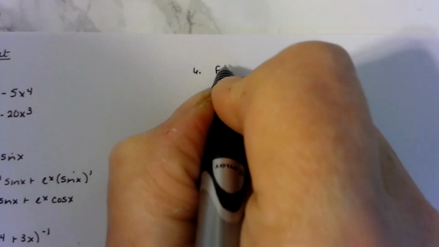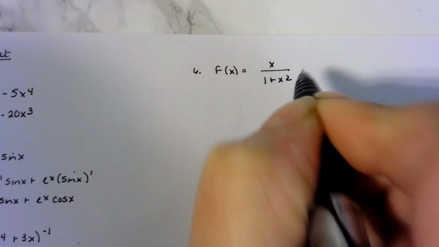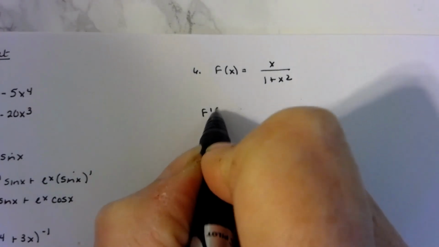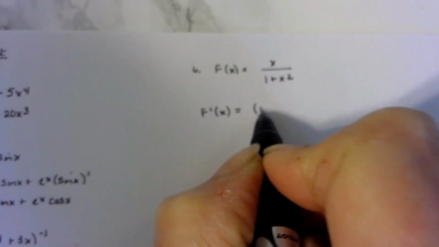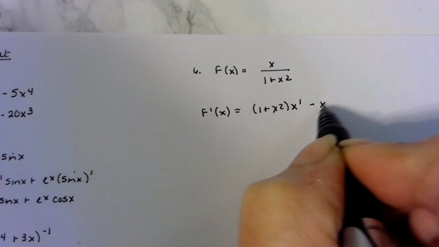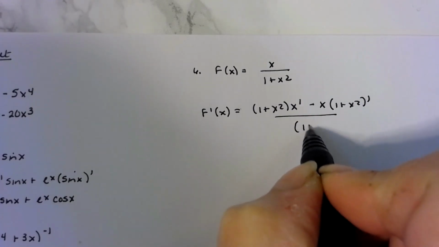Number 6, f of x equals x over 1 plus x squared. This is a quotient. I need to write the quotient rule. So f prime of x equals low times derivative of high minus high times derivative of low over low squared.